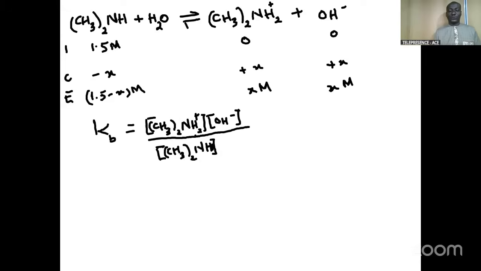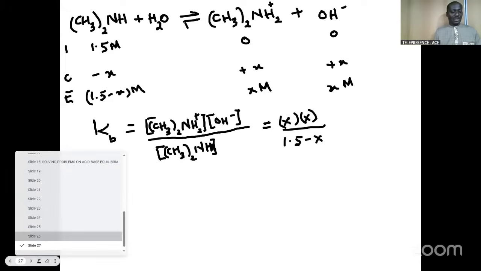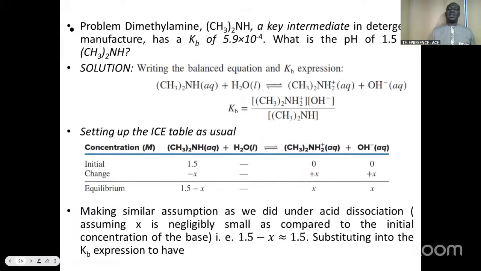If we substitute for these terms, this equals X squared over 1.5 minus X. Now, we are told that the Kb of this base is 5.9 times 10 to the power of minus 4. All right, let's do that.